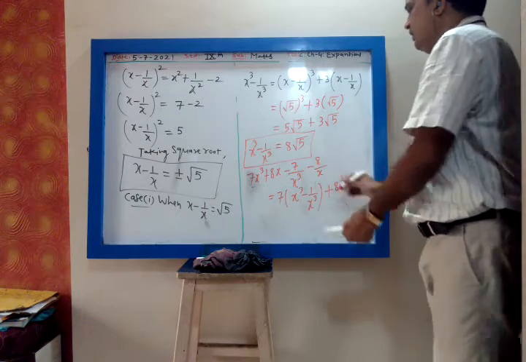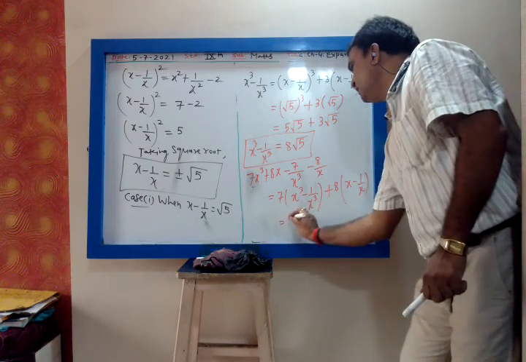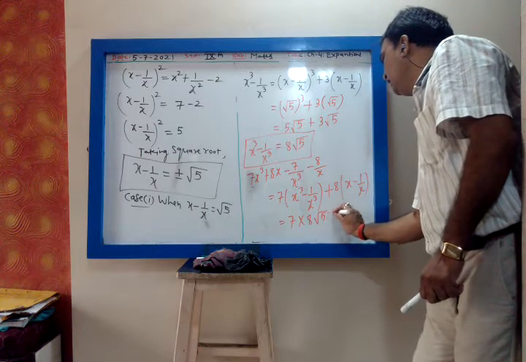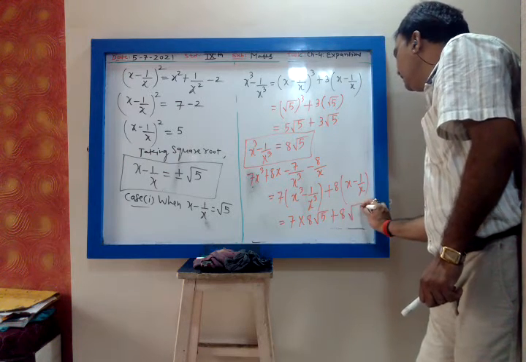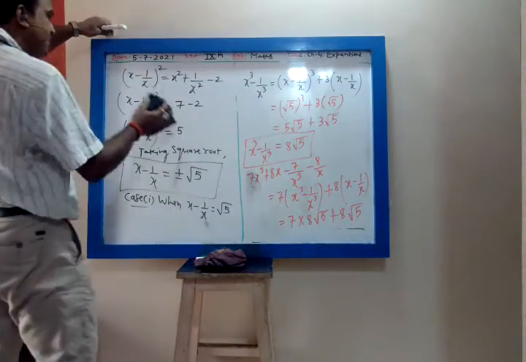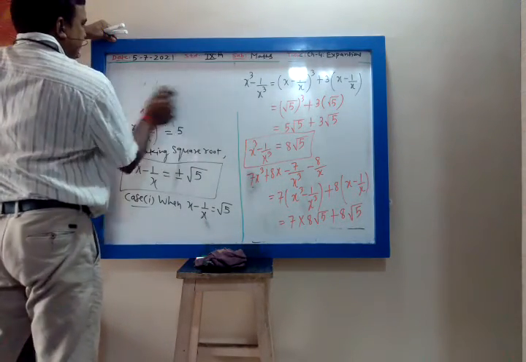x cube minus 1 upon x cube is 8 root 5, and x minus 1 upon x is root 5. So 7 into 8 root 5 plus 8 into root 5. Simplify that. 7 into 8, what is that? 7 8s are 56.